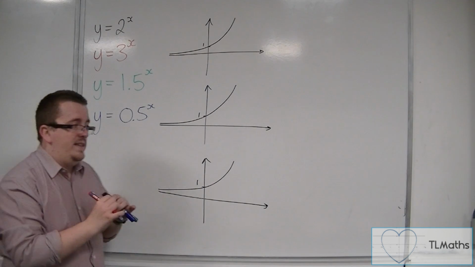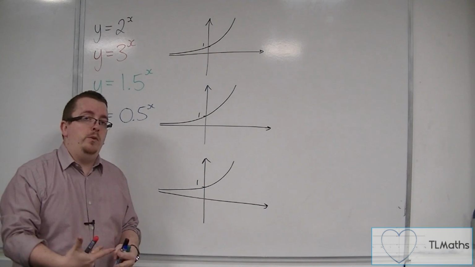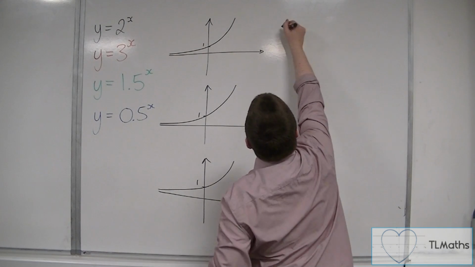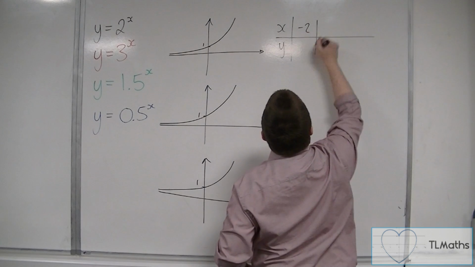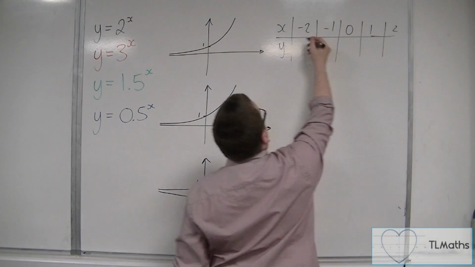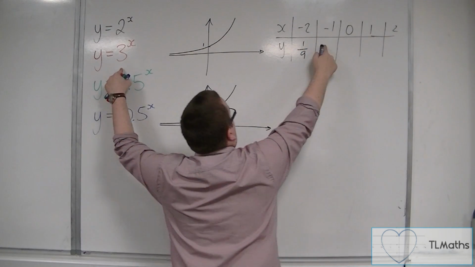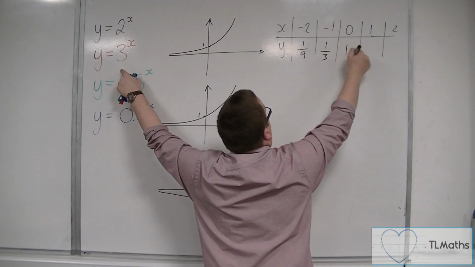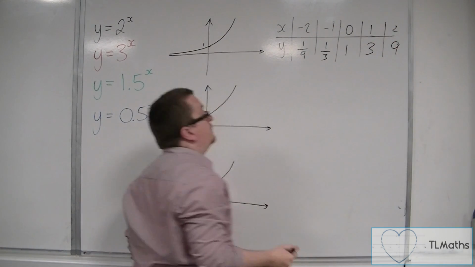Now, y is equal to 3 to the x, if you think about building up a set of values, much like we did with y is equal to 2 to the x, then I don't really need to do too many. If we just look at minus 2, minus 1, 0, 1, and 2, then we have 3 to the power of minus 2, so that's 1/9. 3 to the power of minus 1 is 1/3. 3 to the power of 0 is 1. 3 to the power of 1 is 3, and 3 to the power of 2 is 9.